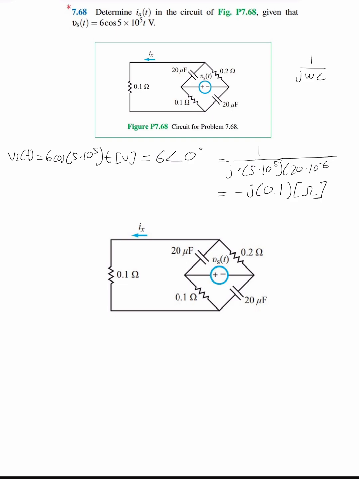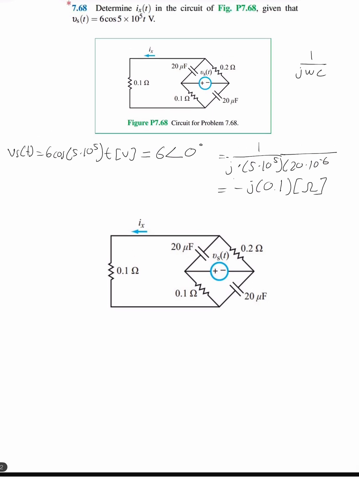And then what we're going to do now is apply nodal analysis to this circuit and label all the nodes. So the first node is going to be V1.